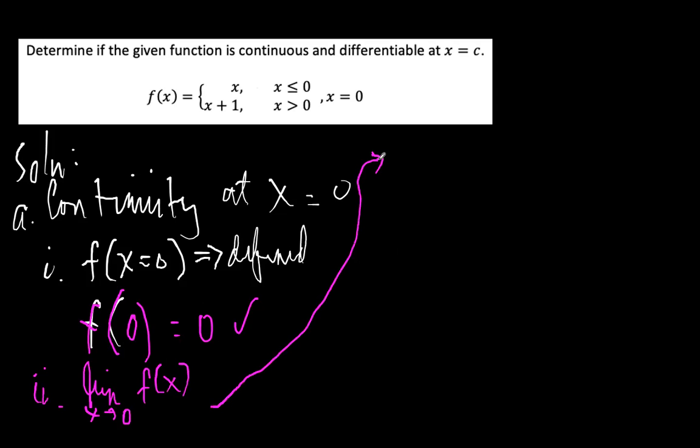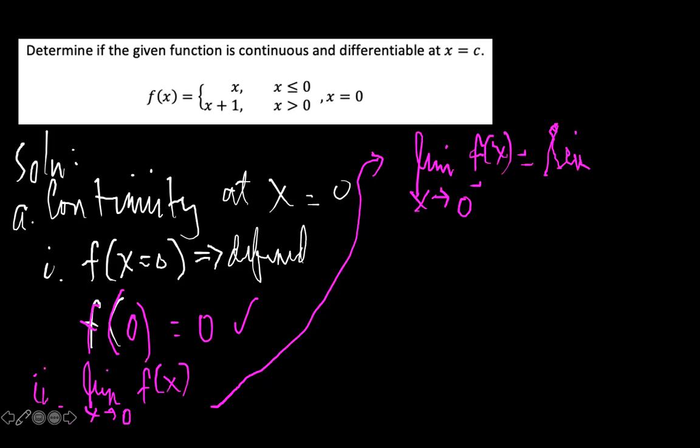And how do we solve for the limit? So number one, we need to find the limit of the function when x is approaching 0 from the left. So from the left of 0, we're talking about the first subfunction, which is x.